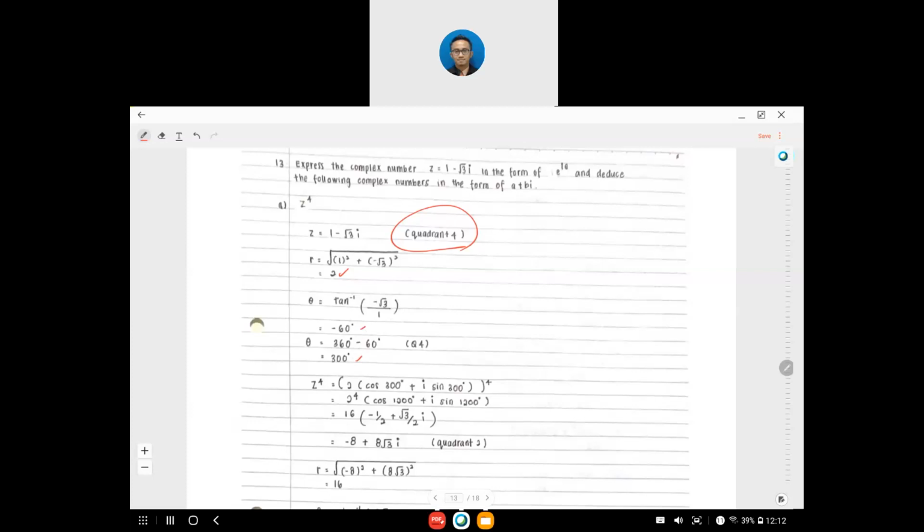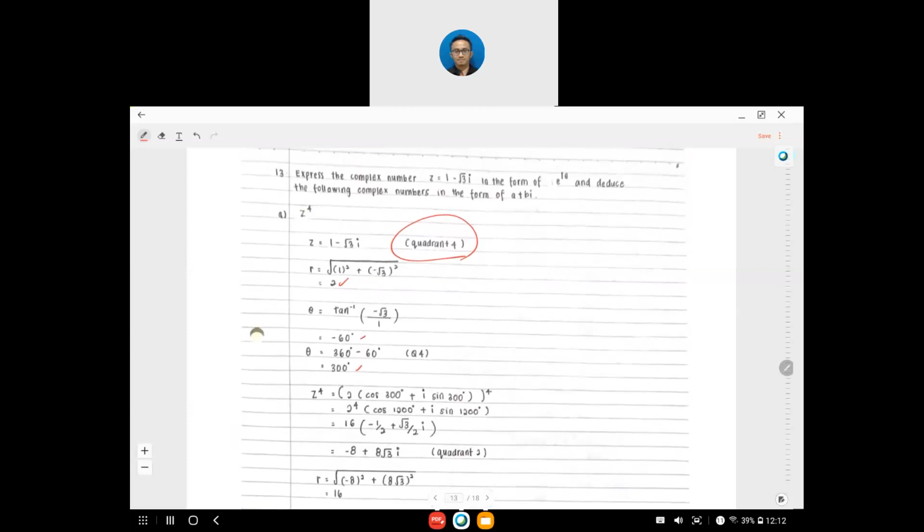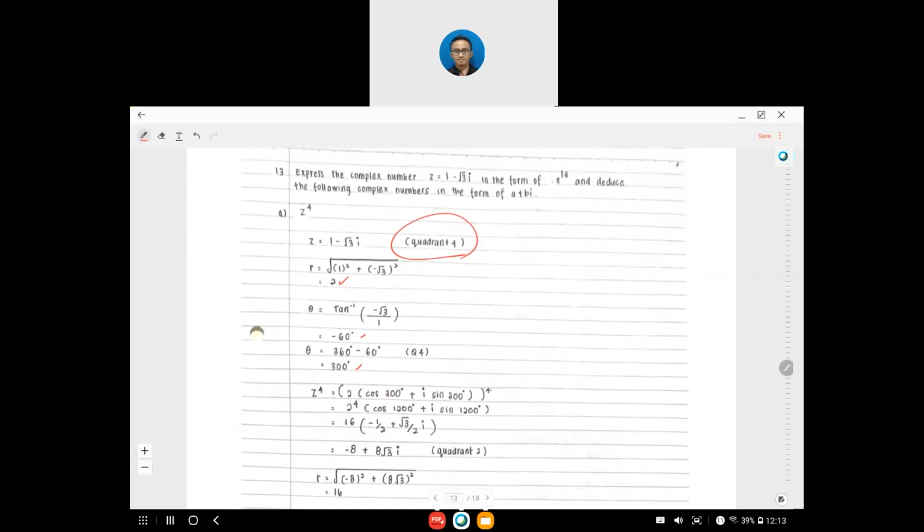What does it want? Express the complex number z in the exponential form. Where is your exponential form?